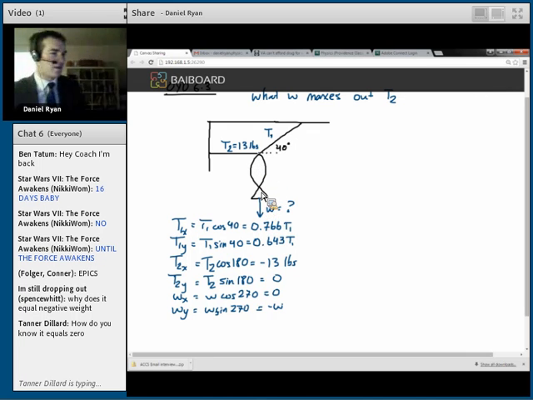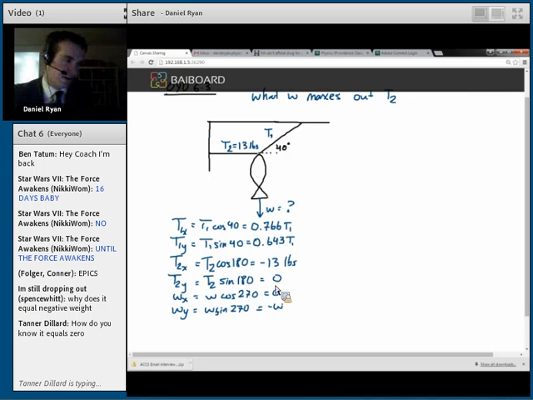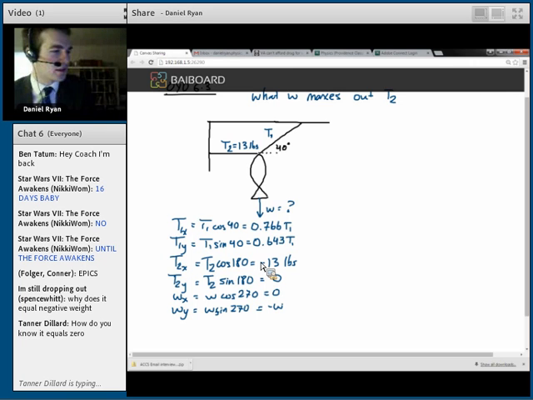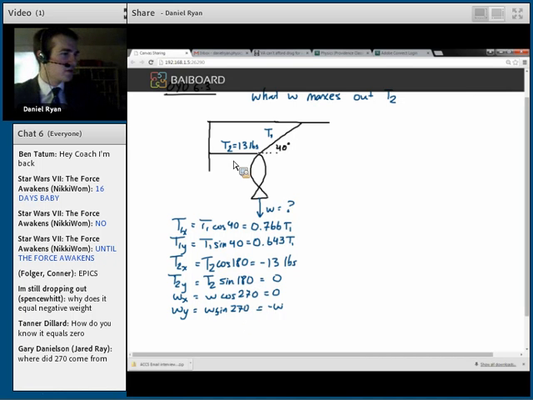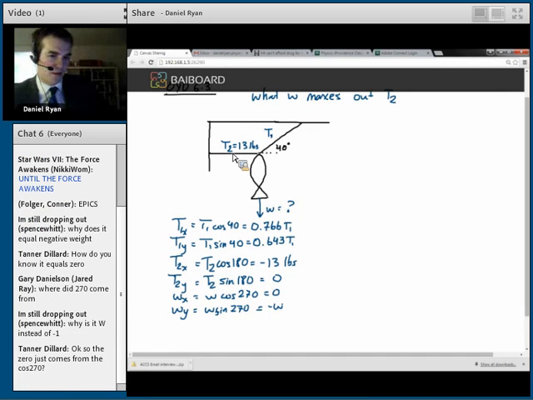So the zeros and then the negative down here, and also the negative up here, these are just the trigonometric functions working themselves out. Does that make sense? So all of these functions right here, cosine of 180, sine of 180, cosine of 270, sine of 270, those are the straight lines, the lines that are not at an angle to the left.